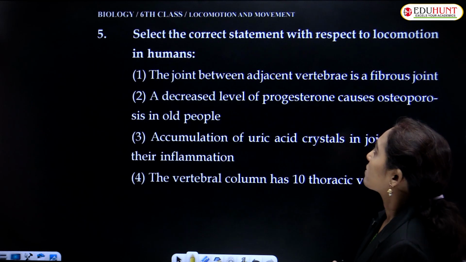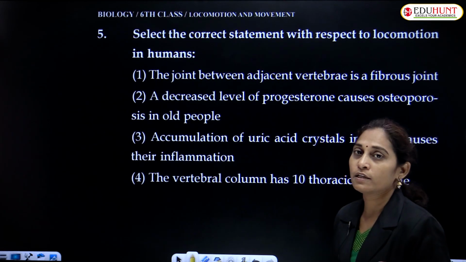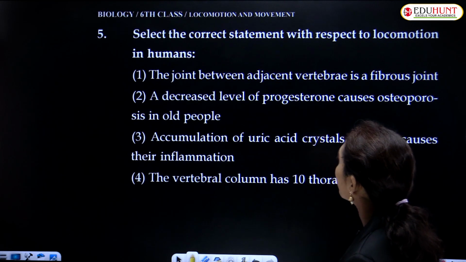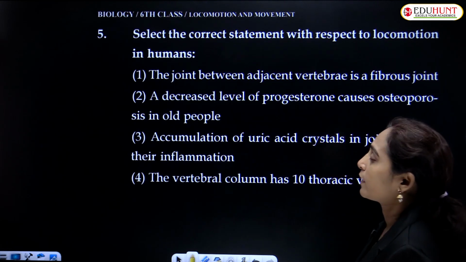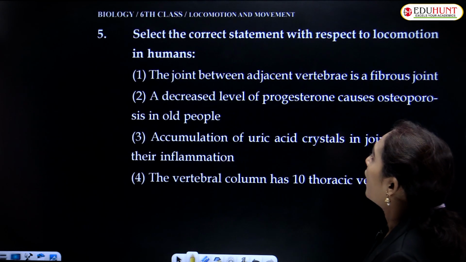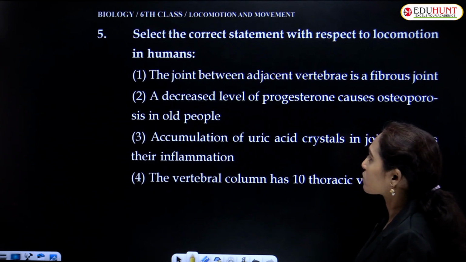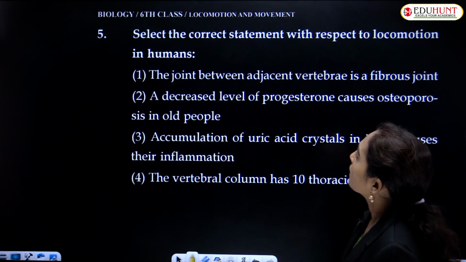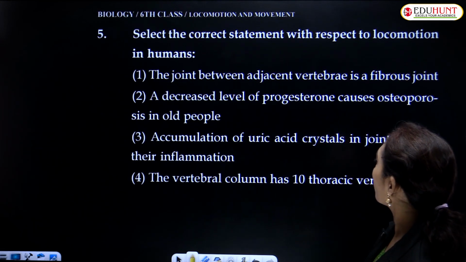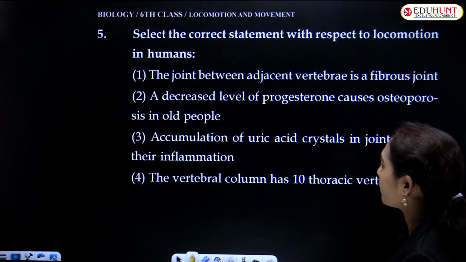Select the correct statement with respect to locomotion in humans. The joint between adjacent vertebrae is a fibrous joint. A decreased level of progesterone causes osteoporosis. Accumulation of uric acid crystals in the joints causes their inflammation.